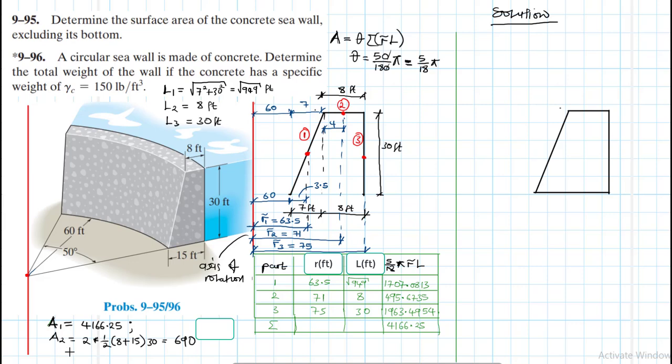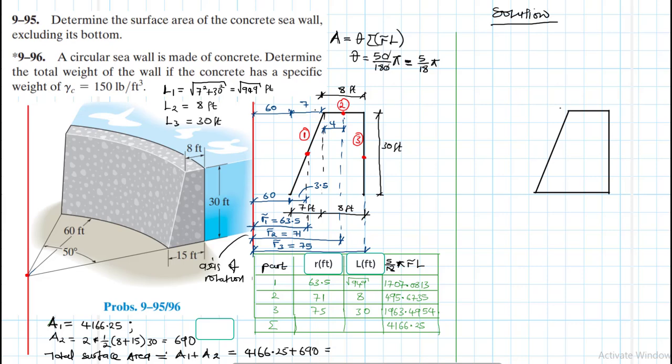So our final area, therefore, the total surface area is equal to A1 plus A2, which is going to be equal to 4166.25 plus 690.